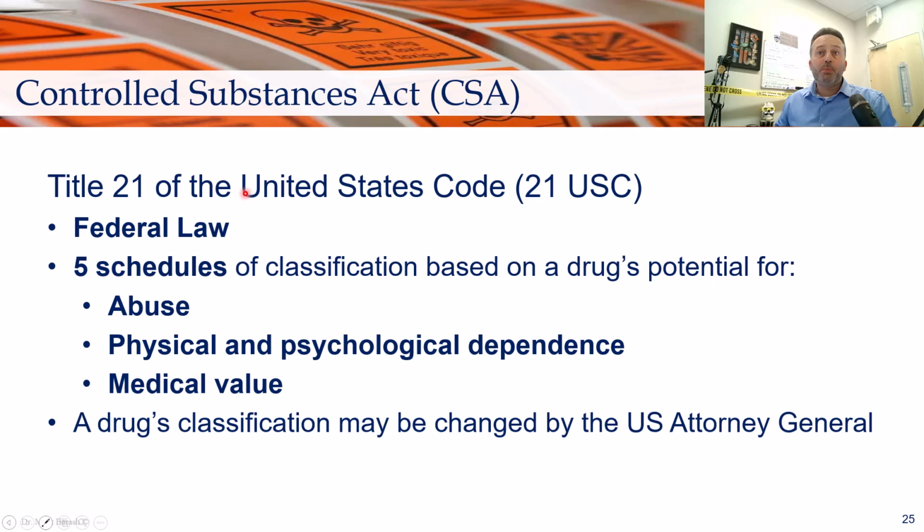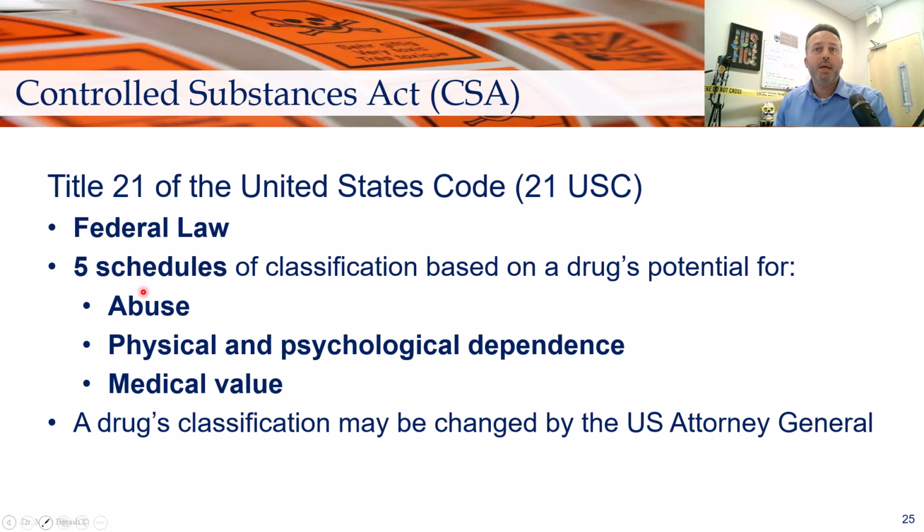And from the law perspective, we have Title 21, which governs food and drugs in the United States Code, also known as the Controlled Substances Act, CSA. The CSA consolidates all existing dangerous drug laws into a single comprehensive law. This law classifies all substances that are regulated under existing federal law into one of 5 schedules.